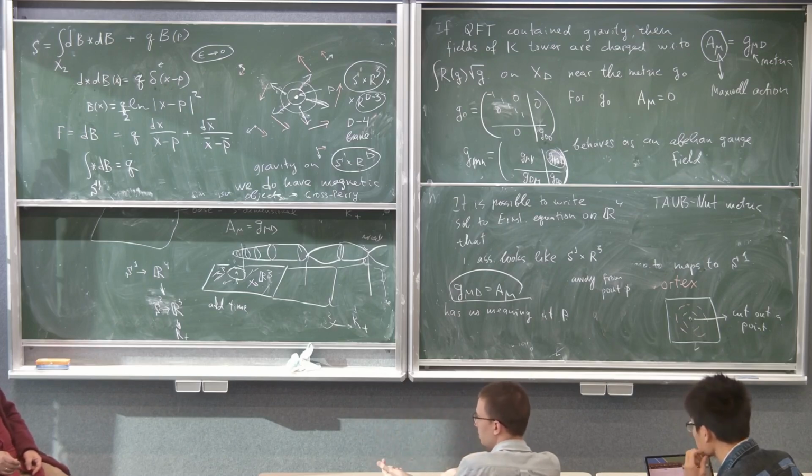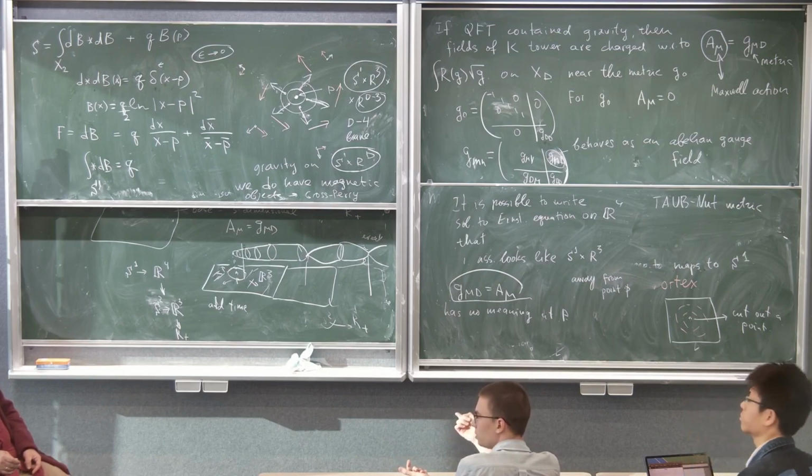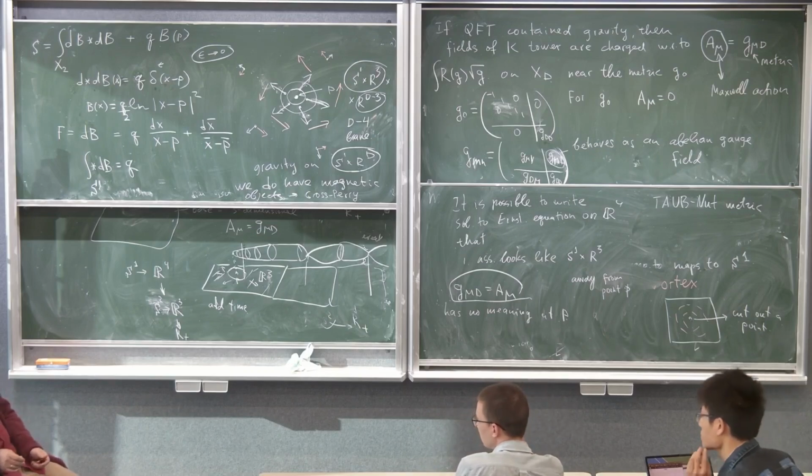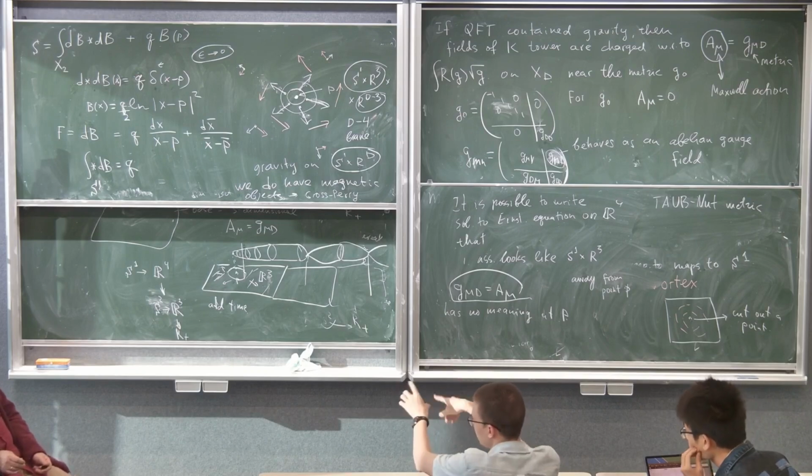And since S3 is kind of like SU(2), can we have a similar picture with a Georgi-Glashow theory, with an SU(2) gauge? Never thought about it. I have never thought about it in very high dimensions, 8 dimensions. Probably my analogy is just doing the same thing.